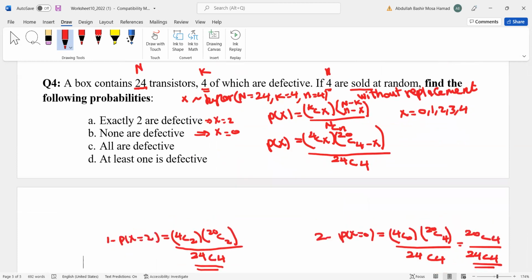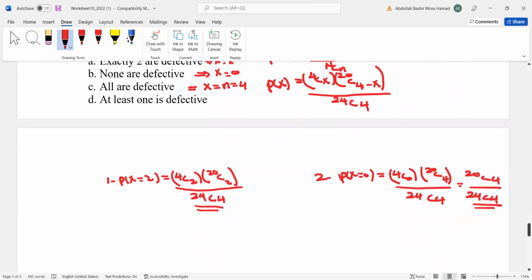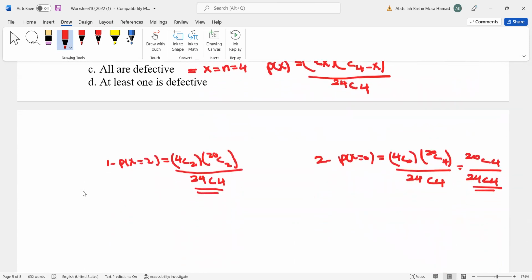For the third one, all are defective. All we have is 4, so all are defective means X equal n, and n equal 4. So we write P of X equal 4.